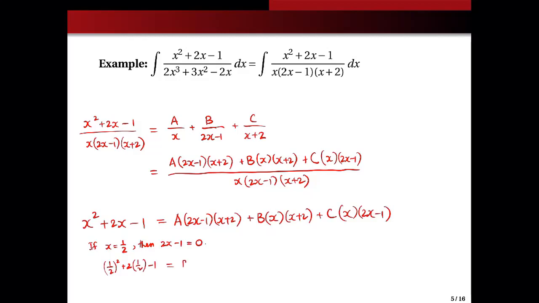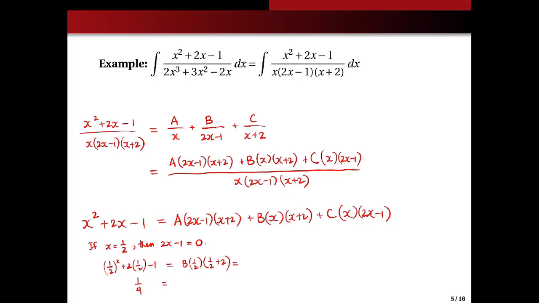So you are left with B times 1/2 times 1/2 plus 2. And then you just simplify this. 1/2 squared is just 1/4. Of course, 2 times 1/2 is 1, and then you have 1 minus 1, that's 0. So on the left-hand side, you'll just have 1/4.